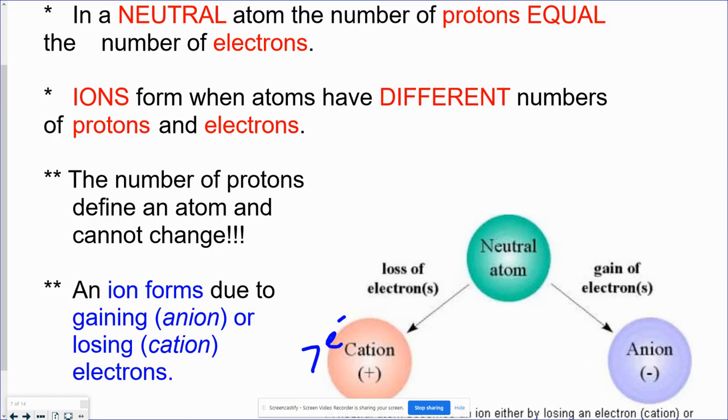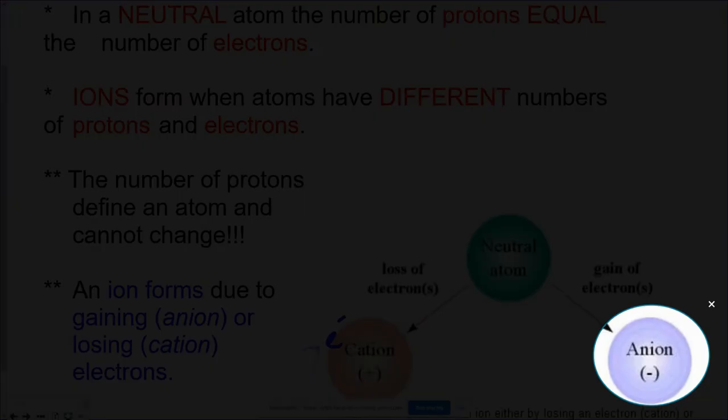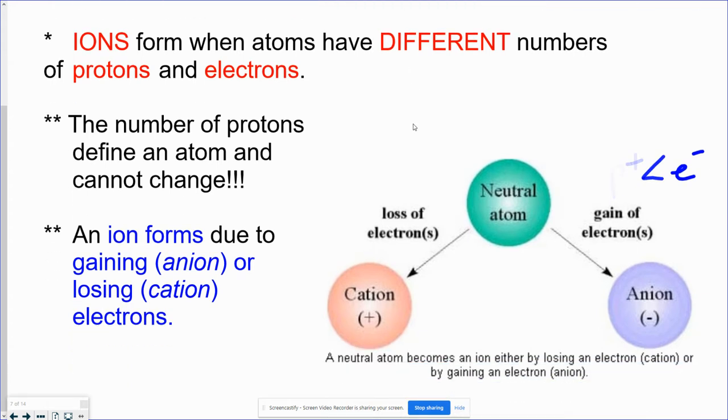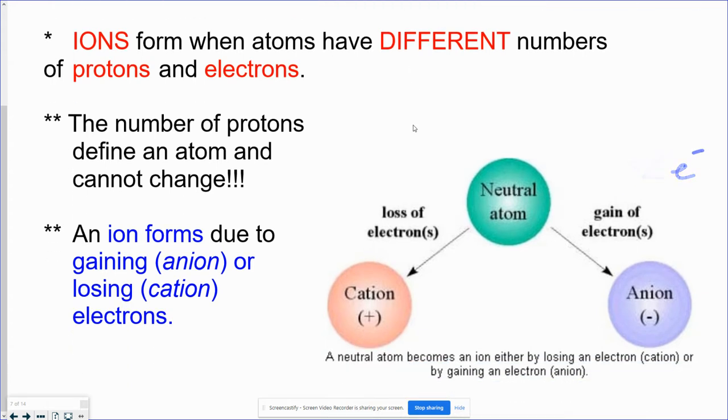And then for an anion, protons are less than electrons. Now, depending on what charge you need to get, depends on how many more protons you need to have than electrons and how many more electrons you need to have than protons.